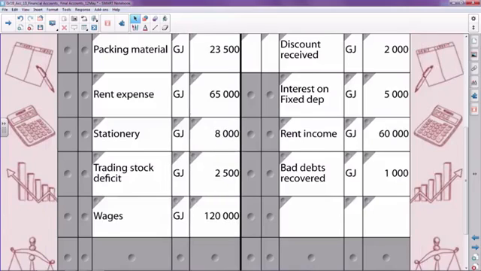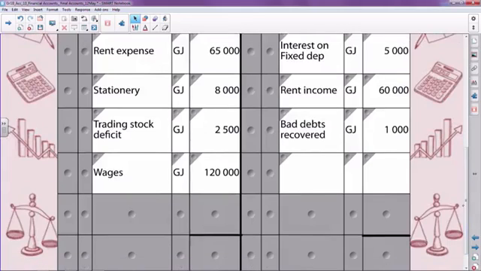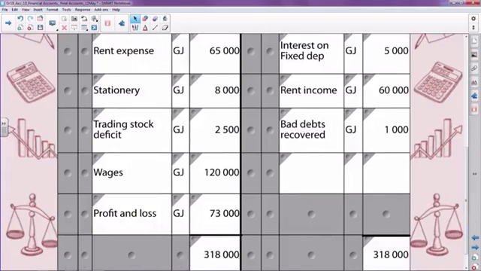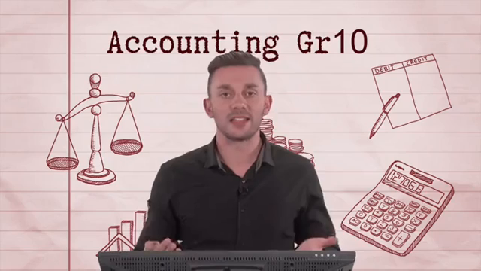And then I need to take the bigger side, which will be your income, over to the other side, and then I can calculate my net profit. And I see I've made a small mistake here to finish off. It doesn't go to profit and loss. It needs to go to your capital T account on the credit side. And that's how you close off up to number 6.